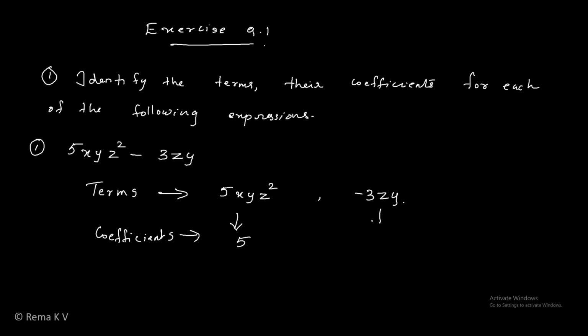Which is the coefficient of the second term? For the first term, the coefficient is 5 and for the second term, the numerical coefficient is minus 3.